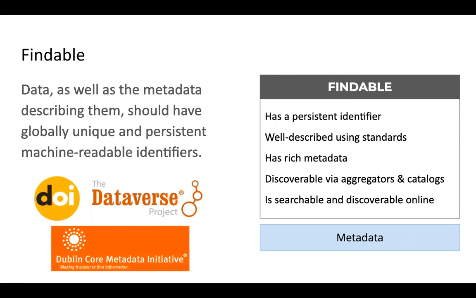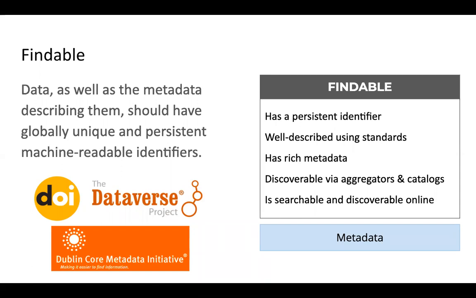So you need to ensure your data have persistent identifiers, or PIDs. And PIDs are important because they help identify your data and facilitate data citation. An example of a PID is a digital object identifier, or a DOI, commonly used in citing research articles.